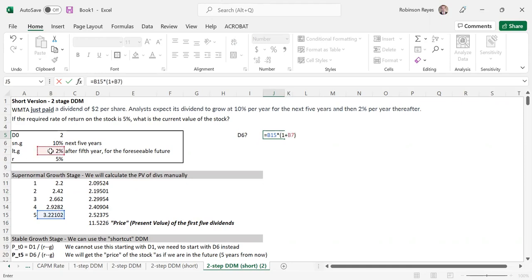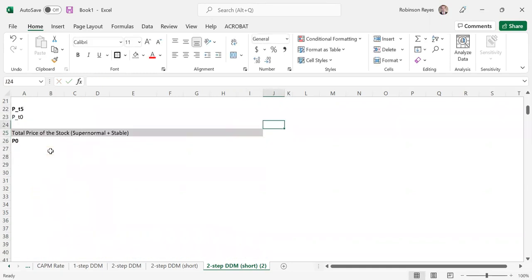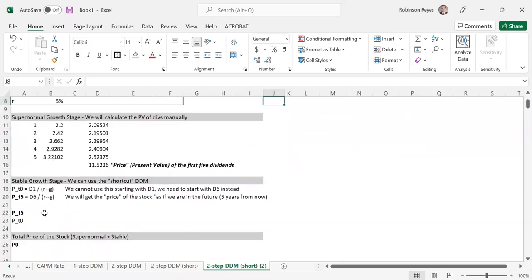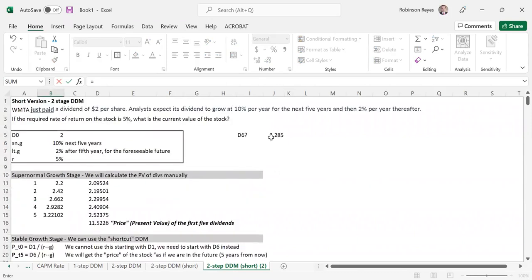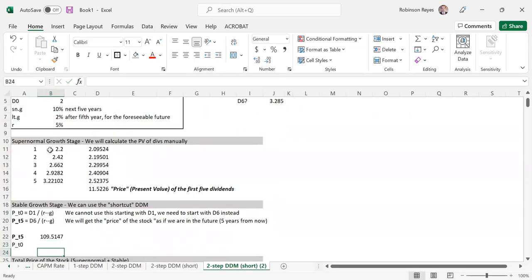So D6 will no longer grow at the 10% rate, but it will be the first dividend growing at the 2% rate, just like what we saw before. And this is D6. And now that we have D6, we just use the formula here: D6 divided by R minus the long-term rate, which we can now use in the dividend discount model.